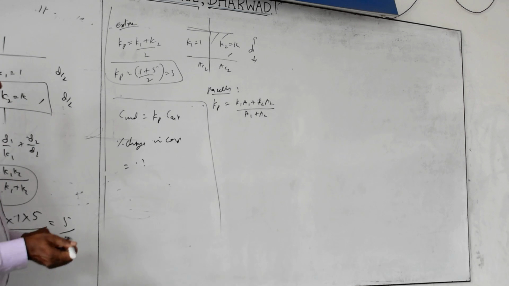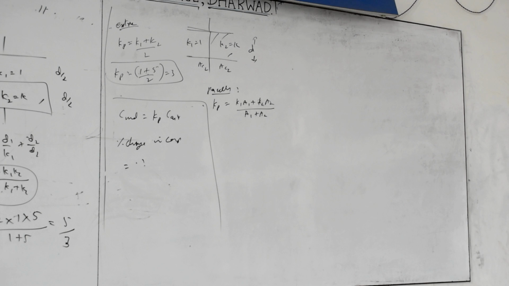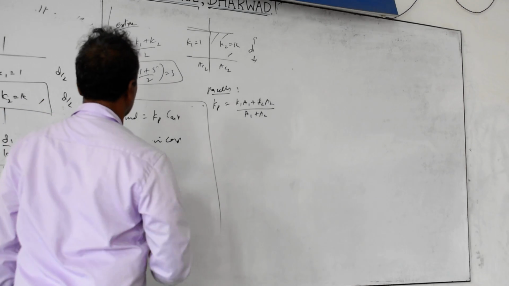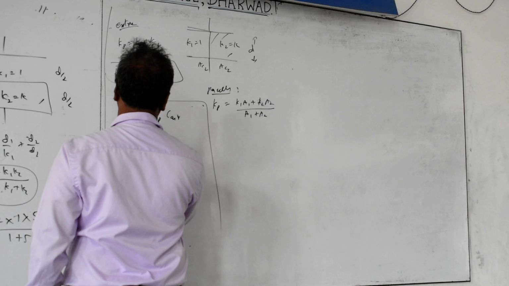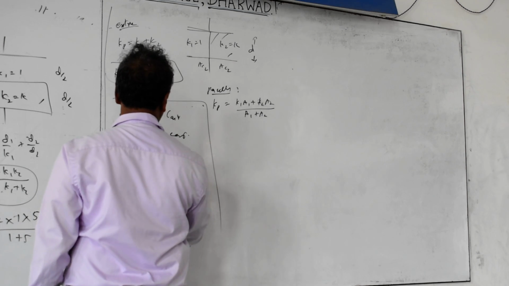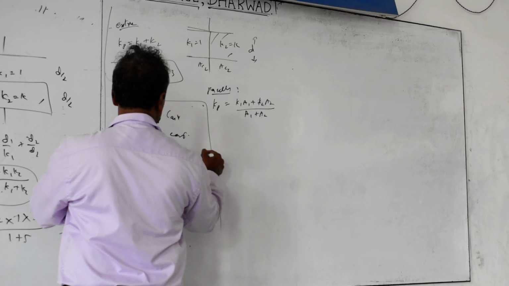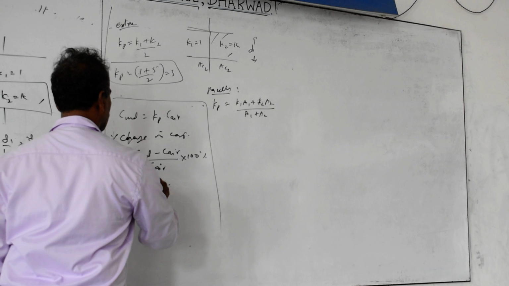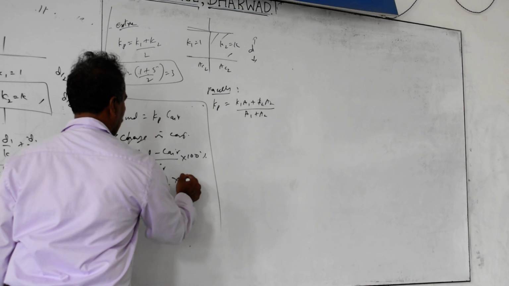Only 2 minutes are there, so we will work it out now. Percentage change in capacitance is equal to (C medium minus C air) by C air into 100, which is (K parallel minus 1) into 100.